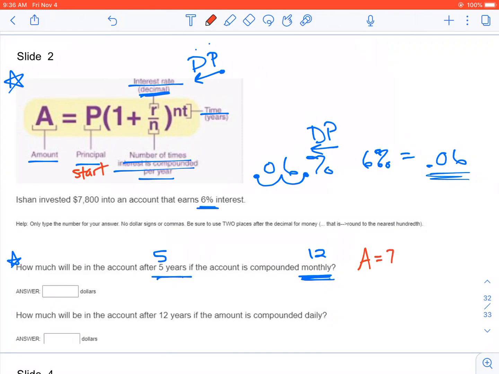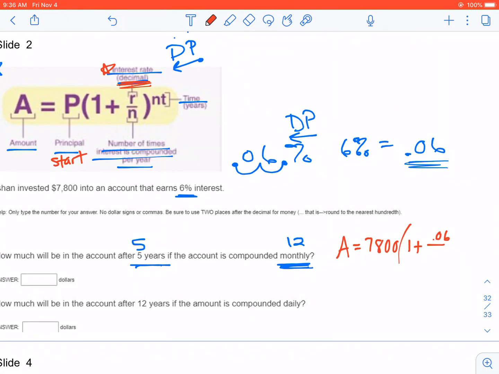So we're going to start off with 7800, and then in parentheses we have 1 plus, and then we have our interest rate, our R, on top, but we have to use that decimal form. So we're going to have 0.06 over, and then we have our number of times the interest is compounded in a year. So we said that was our, how many times are we doing it? 12 times in a year.